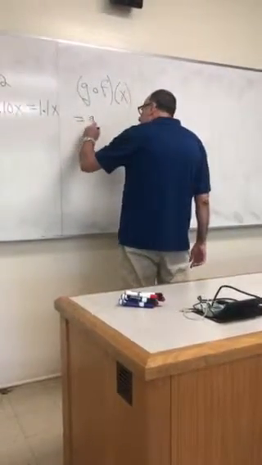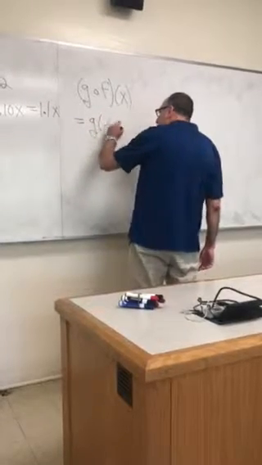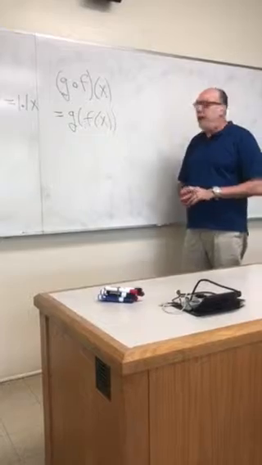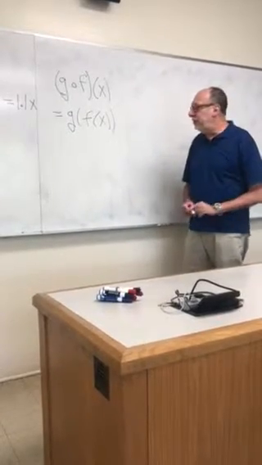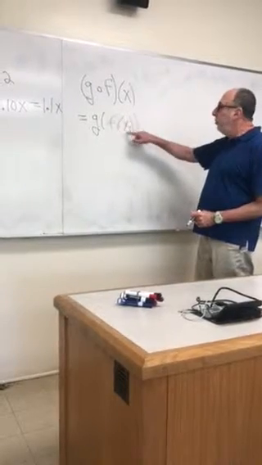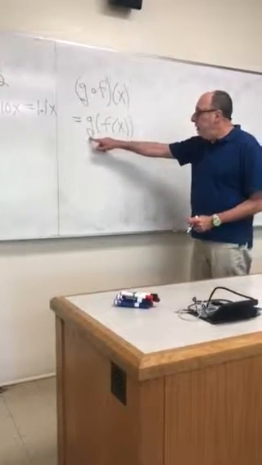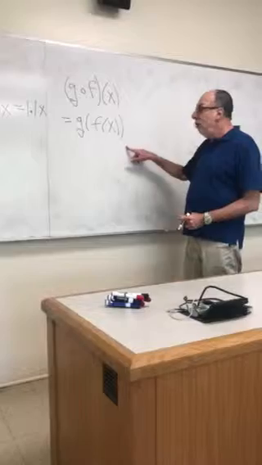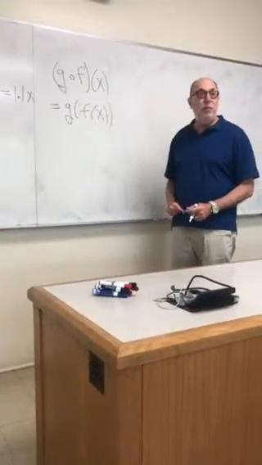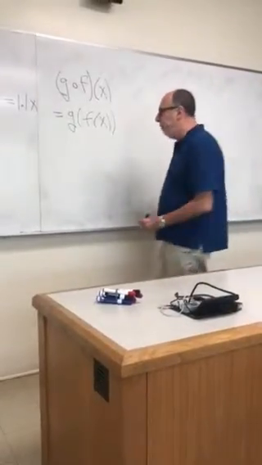Now, how do we compute this? Okay. Well, the first thing is we don't go left to right, we go right to left, the opposite of what we do when we read.